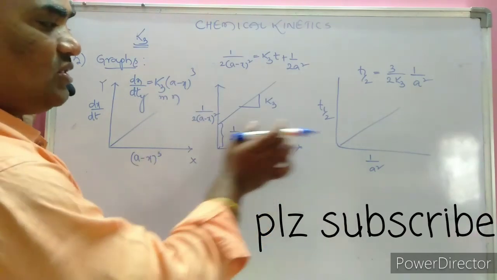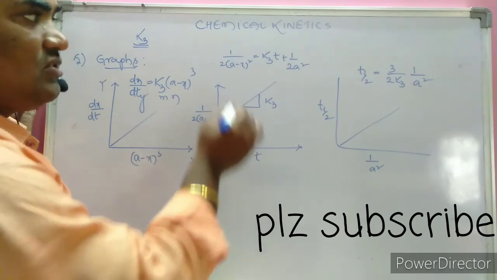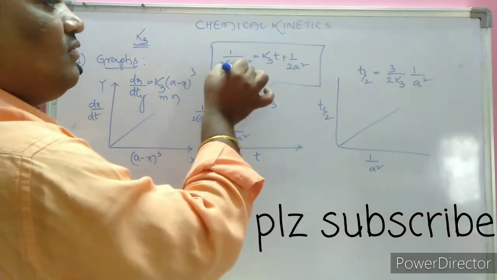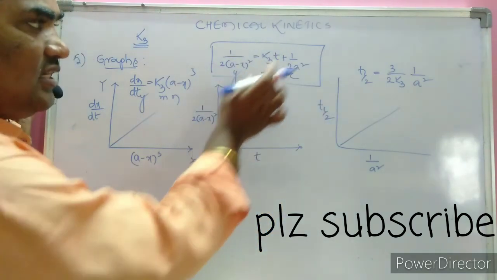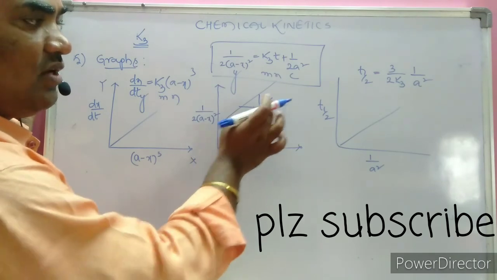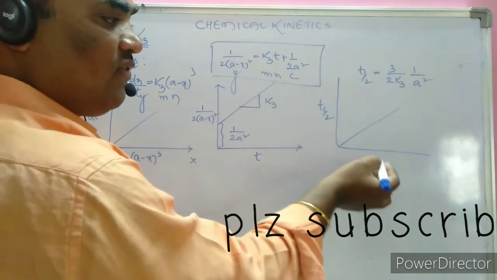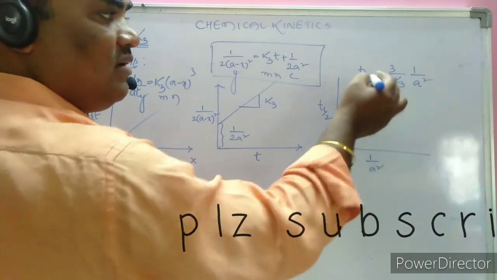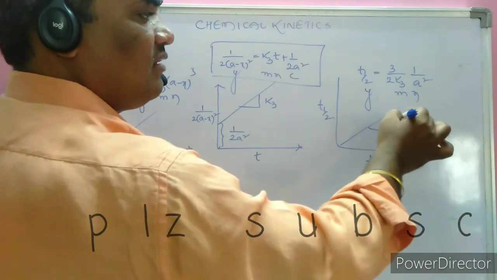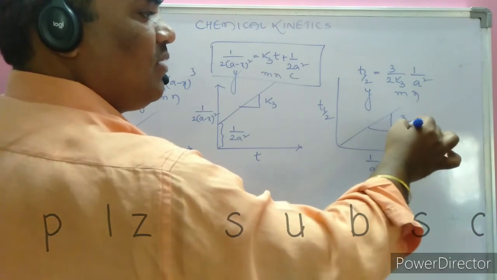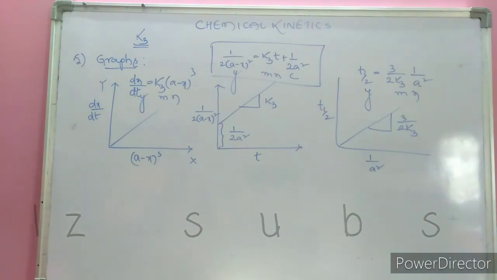Very important graph: 1 by 2 into (a minus x) whole square is plotted against t, in the form y equal to mx plus c. The intercept c is 1 by 2a square, and K3 is the slope. When half life is plotted against 1 by a square, which is also y equal to mx, the tan theta, that is the slope, equals 3 by 2 K3. These are the very important graphical representations.